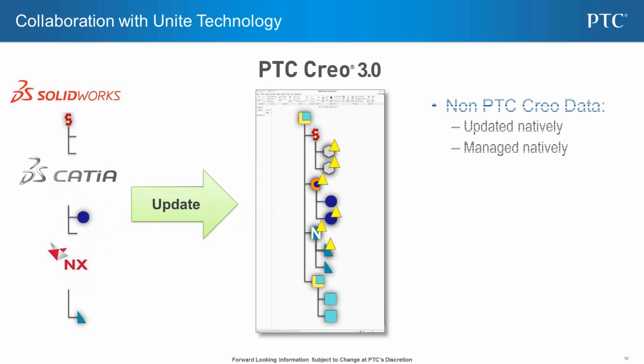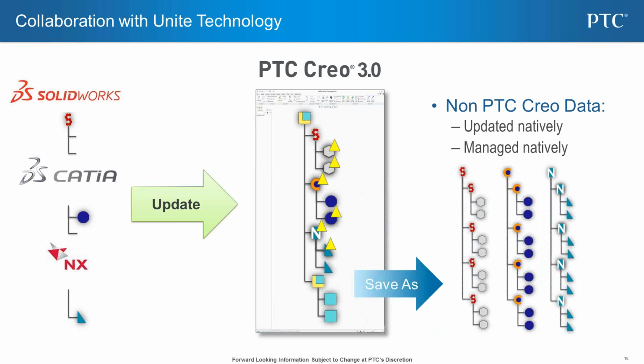So very quickly and very easily, you're able to work in an environment with data from different systems, and you're still able to receive updates from those systems. Not only that, but you can also reference that information. Just because this is not Creo data, I can still use it as a reference to build Creo data from it.